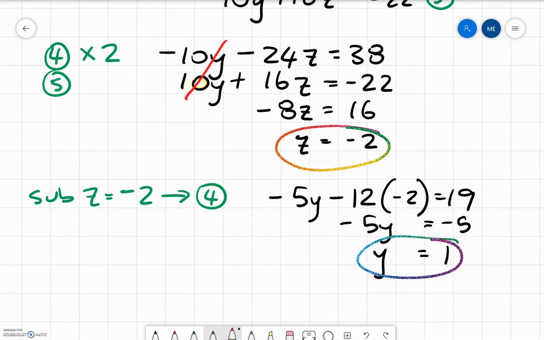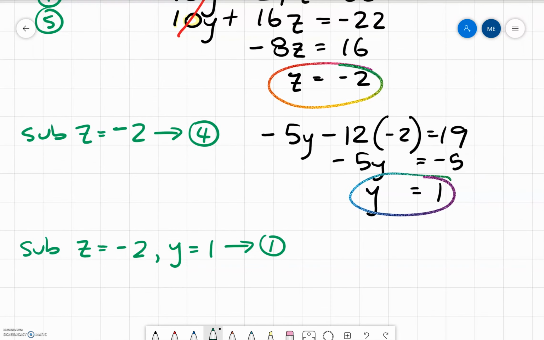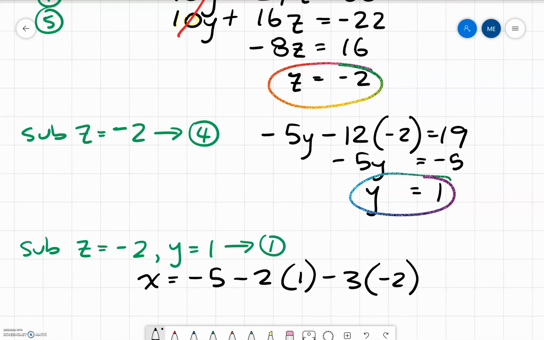So now I can substitute z equals negative 2 and y equals 1 into equation 1, which is the one that was x equals. So x equals negative 5 minus 2 lots of 1 minus 3 lots of negative 2.